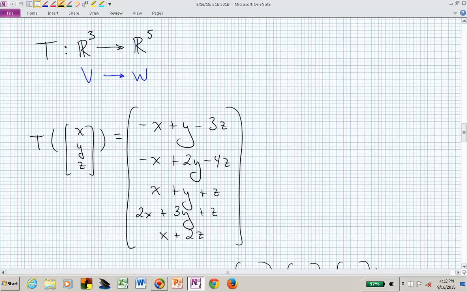And in this particular map, it would be nice to know, is there some place in R3, a line, maybe just the origin, or a plane that maps to the additive identity in R5, which is what? The 5-vector of all zeros.